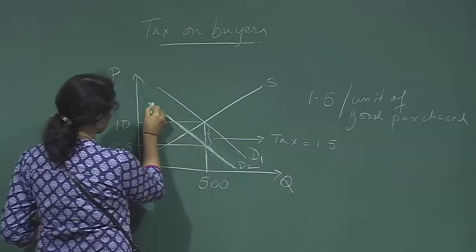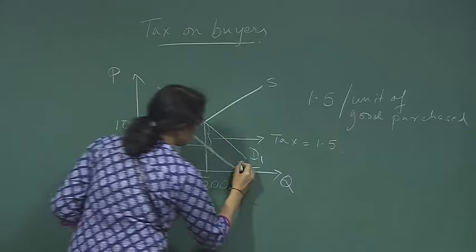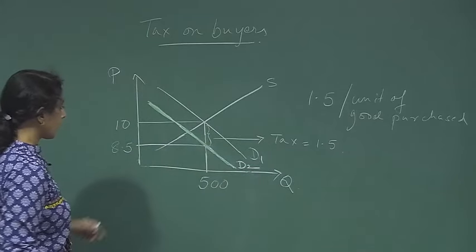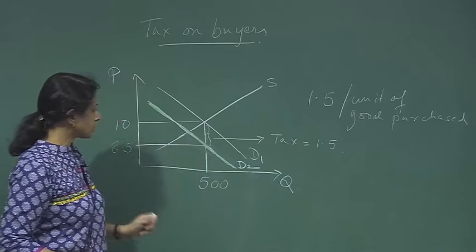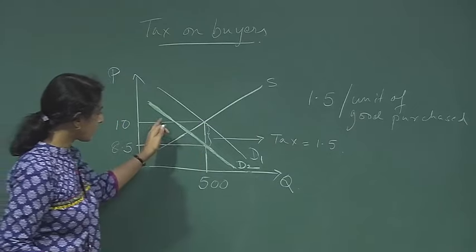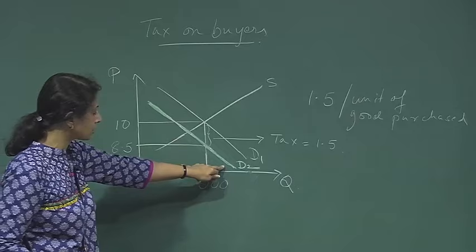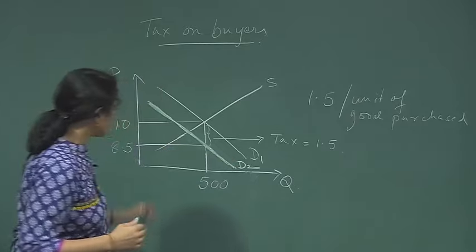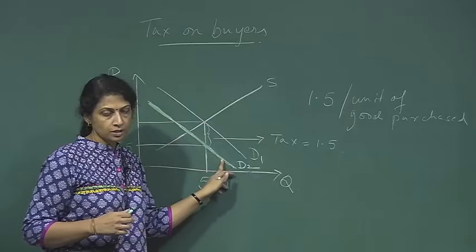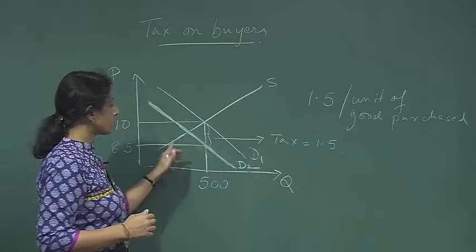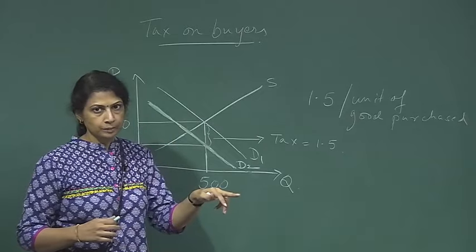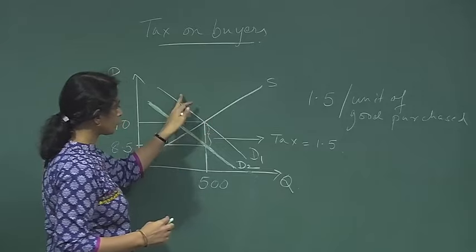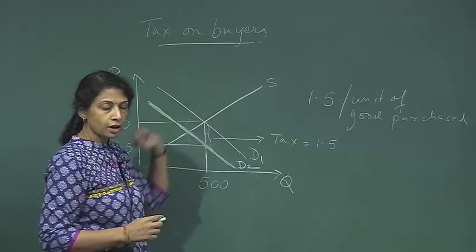So, this is the new demand curve, and at every point on this demand curve, the price that the buyer is paying is the amount that is going to the seller, and he knows that he is going to pay an additional 1.5 to the government.